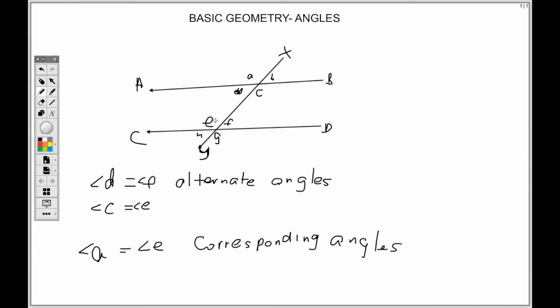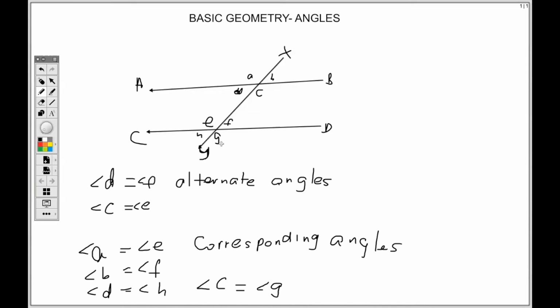Because remember, I have A and E, I also have B and F. Also, angle D is the same as angle H. And finally, angle C is the same as G. So these are corresponding angles, where A is the same as E, B is the same as F, D is the same as H, and C is the same as G.